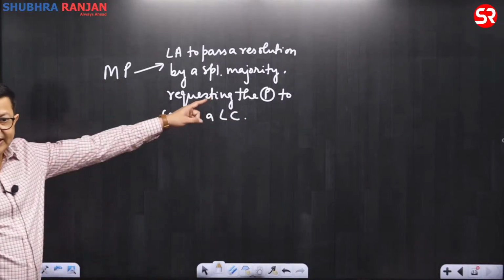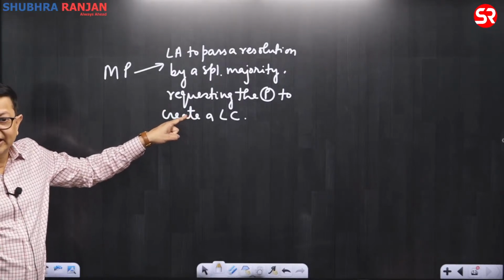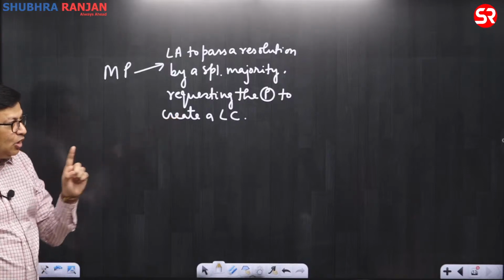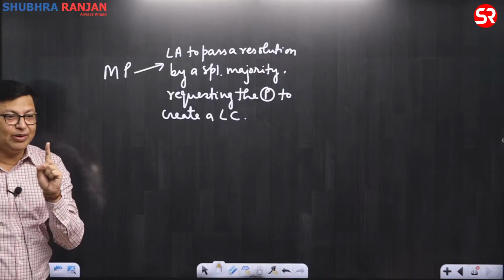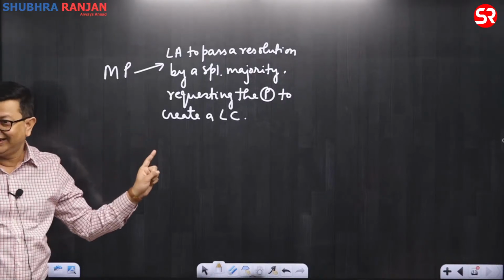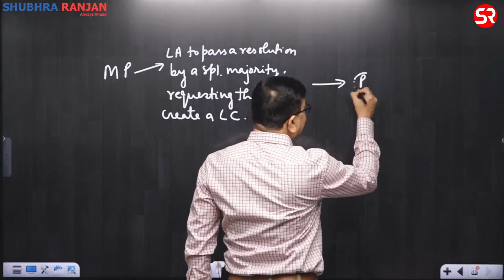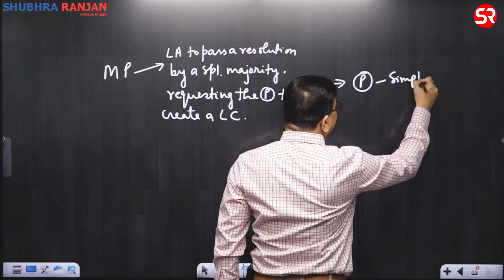So, the Madhya Pradesh Legislative Assembly will pass a resolution and it will request the parliament to create a legislative council. That resolution of the Madhya Pradesh Assembly has to be passed by a special majority. And then it finally depends on the parliament, and in the parliament simple majority will be required.